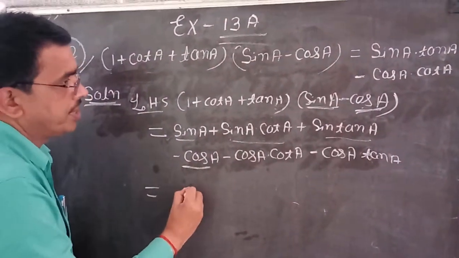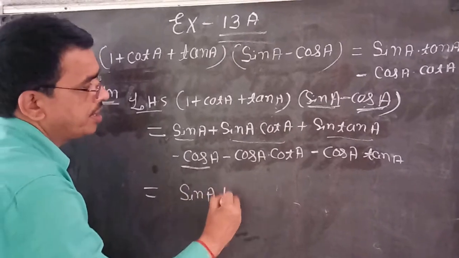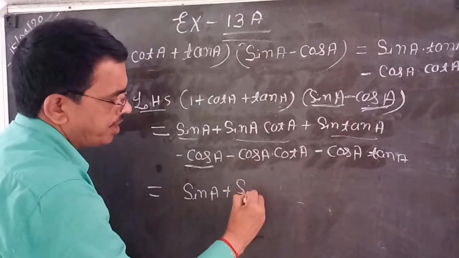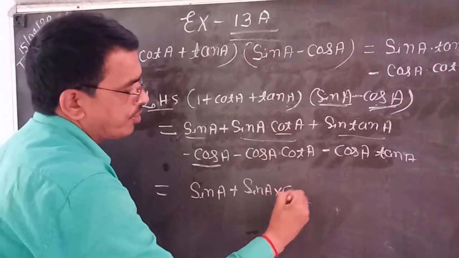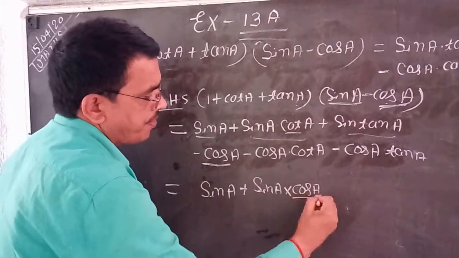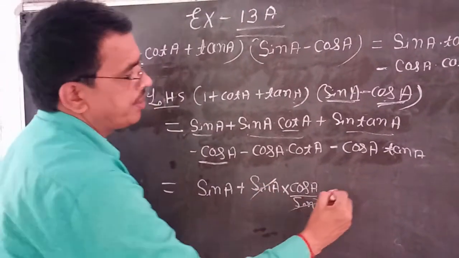Third step, it is sin A. You write sin A plus sin A into cot A, which is equal to cos by sin, so this sin cancels.